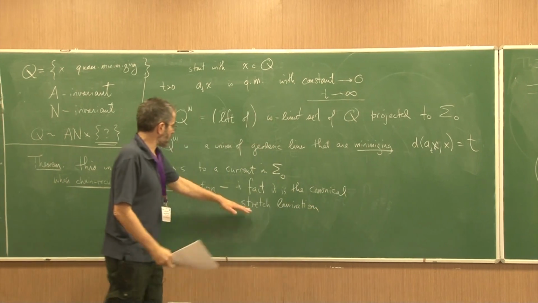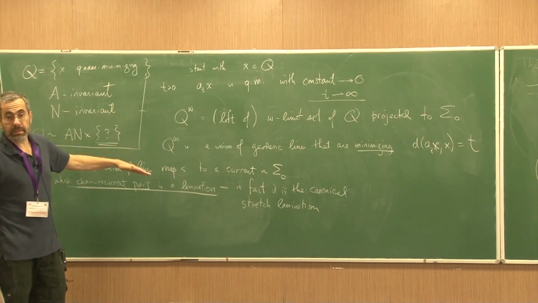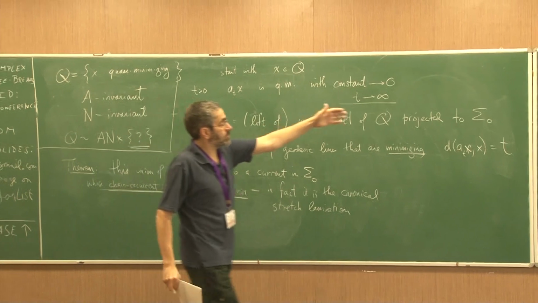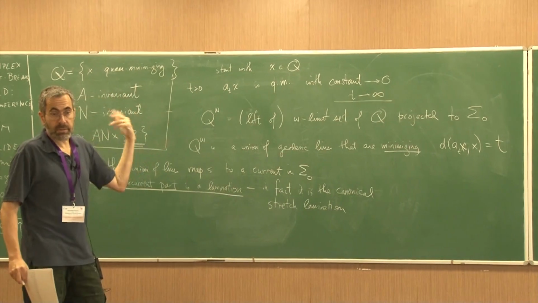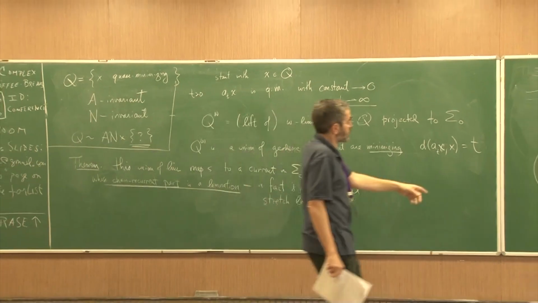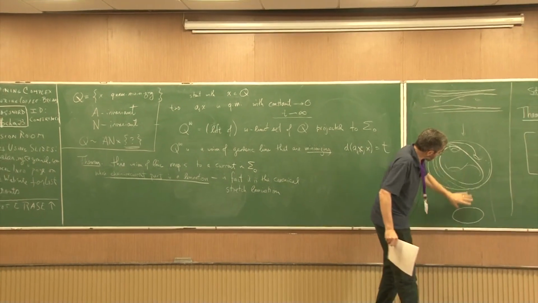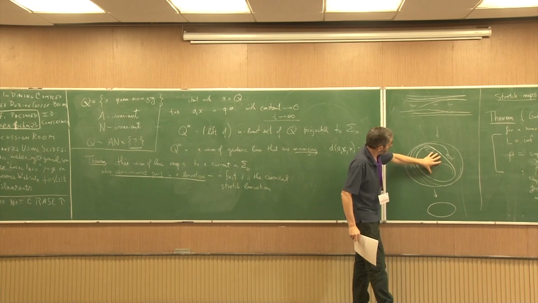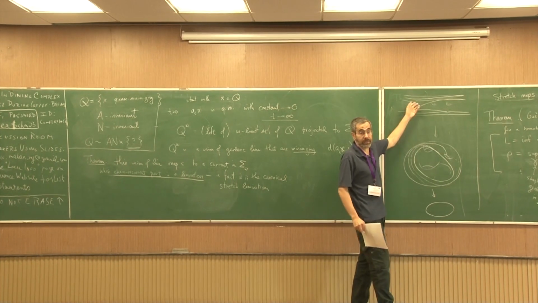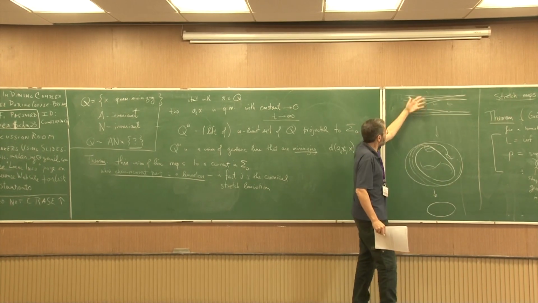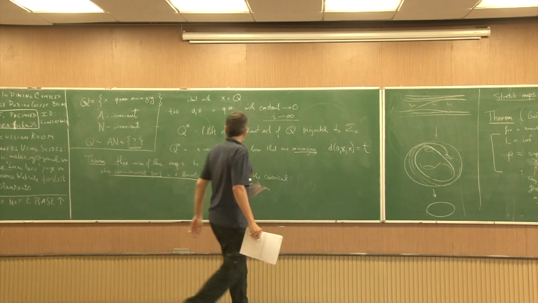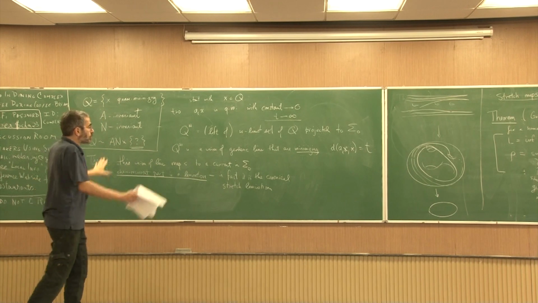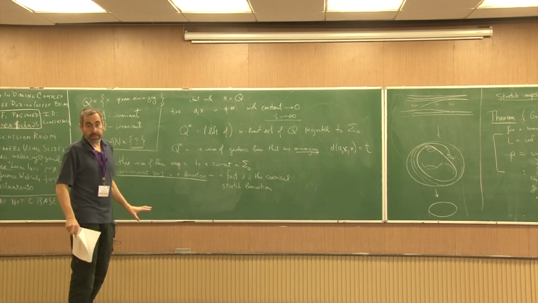So here I had a cover sigma over sigma naught. Here I had a map of sigma naught to the circle, but maps to the circle and covers determine each other, right? If I have a map to the circle like this, I can unwrap the circle and unwrap the surface and get a Z cover. And conversely, if I have a Z cover, there's a cohomology class here, which gives me the map to the circle. So these two pictures really are about the same thing. That's the point I want to make.